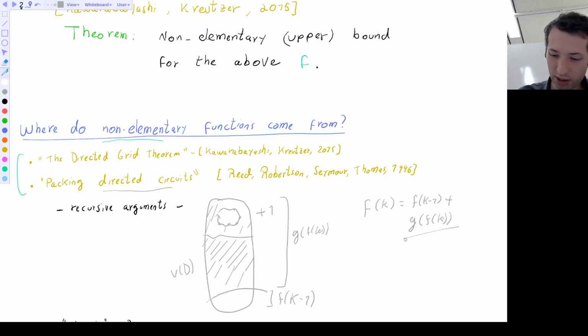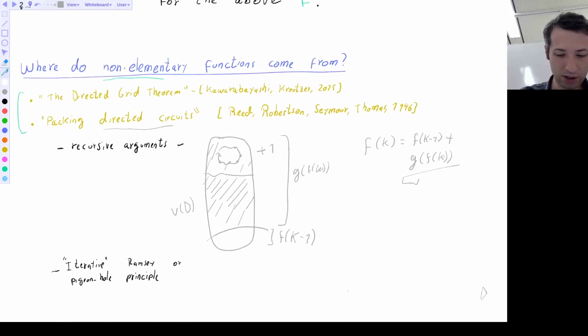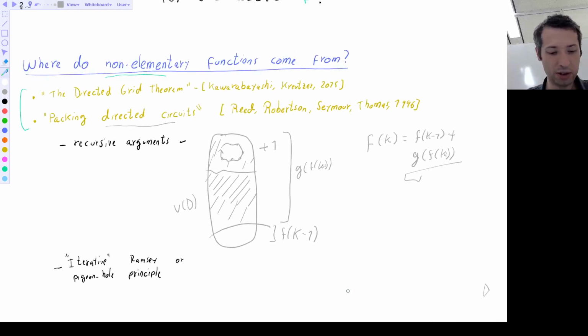And the issue where we get things to be non-elementary is precisely on this function g, because often in this sort of argument, we want to use something that we call iterative Ramsey. So we apply Ramsey's theorem. However, in each step of our recursion, we apply this Ramsey theorem once.